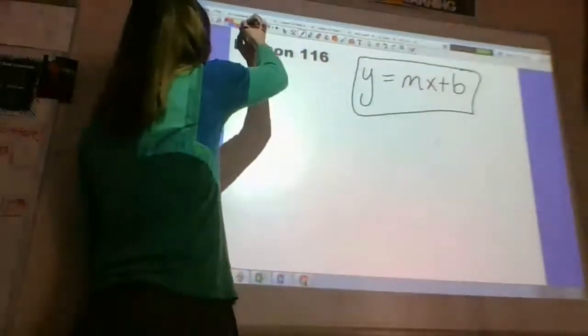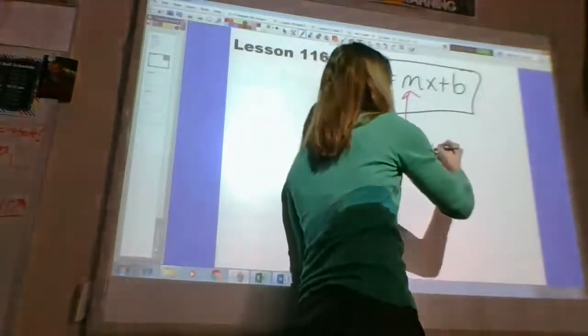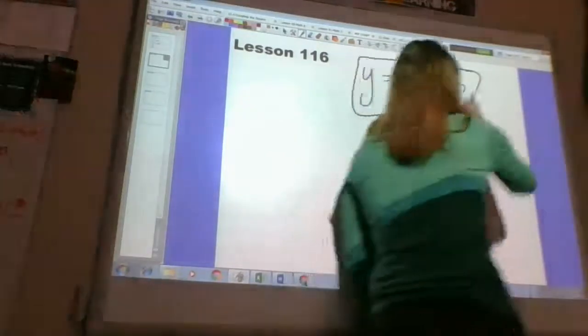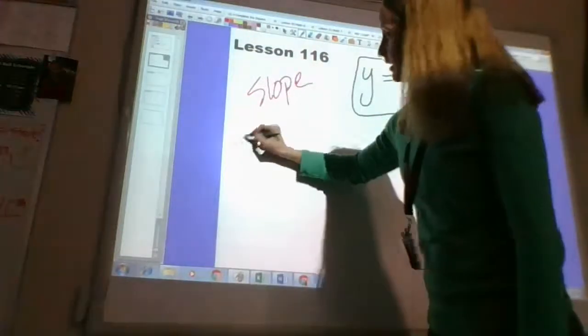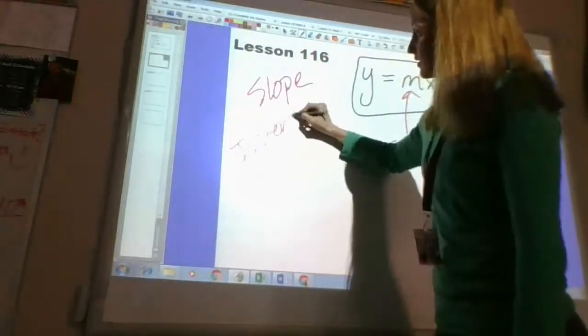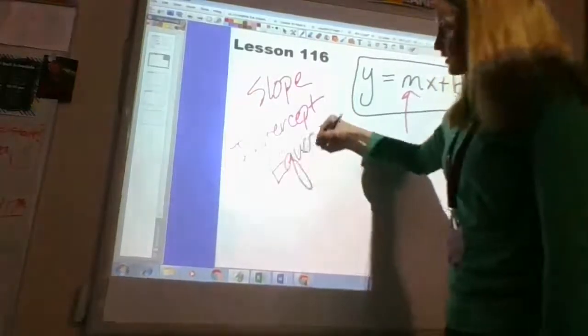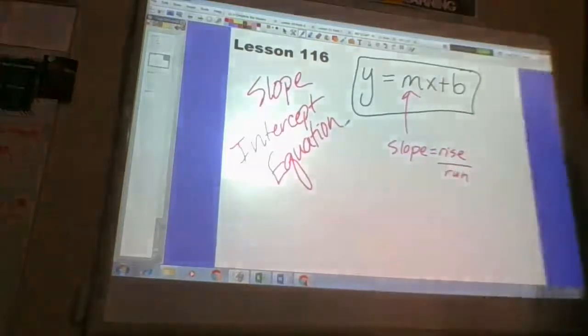And then what I'd like you to write down is that m stands for slope. And you guys know that slope is rise over run, because we just went through that. And once again, you might want to write this slope-intercept equation. And you'll actually find this equation right on my wall because it's that important.